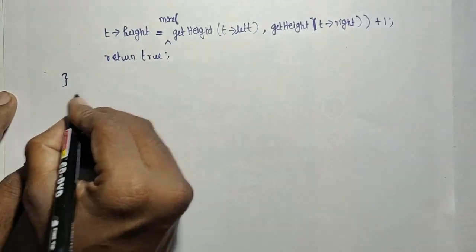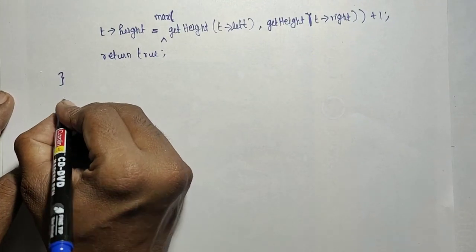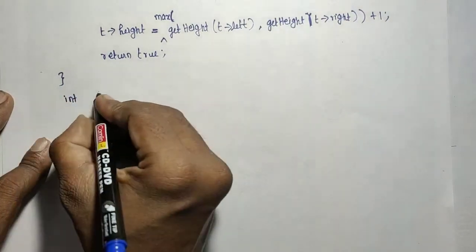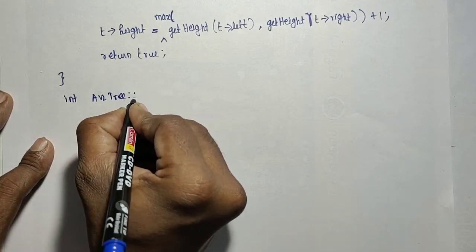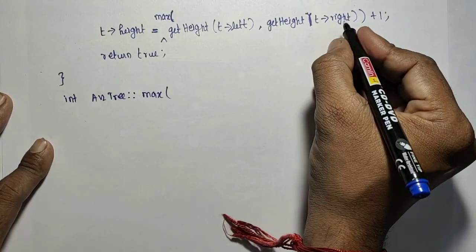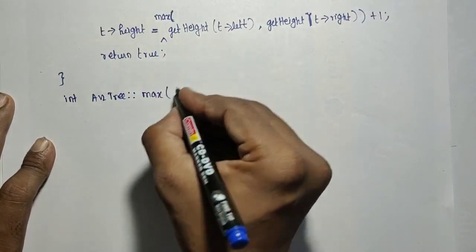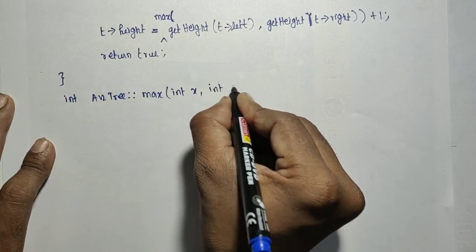And finally we need to define that max function, which is not inserted. So just add that max function: int AVL tree scope resolution max of two integers only, left and right height only. Height is an integer, so int x comma int y.